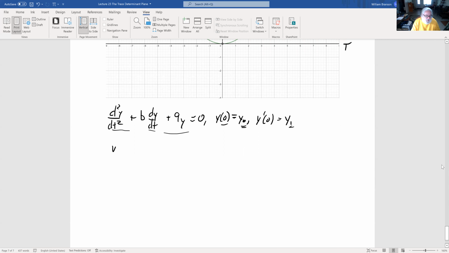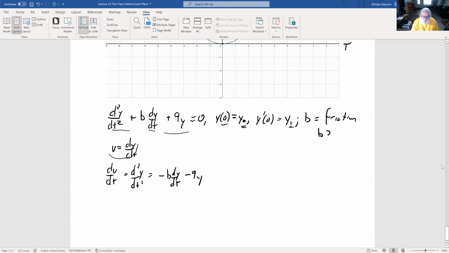So if we set v, your velocity, equal to dy/dt, then dv/dt is equal to d squared y/dt squared. We just differentiate both sides of this. And that's going to be equal to minus b dy/dt minus 9y. And let me just add something here, b equals friction. And it's a parameter that just has to be greater than or equal to 0.